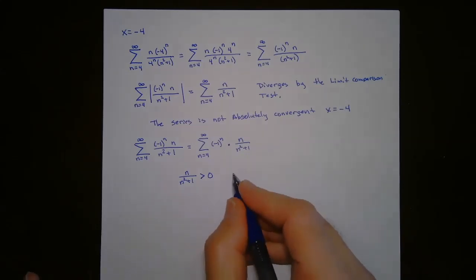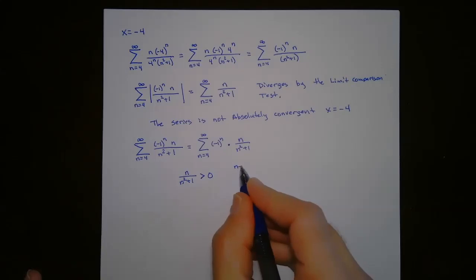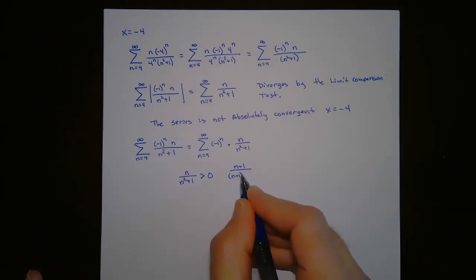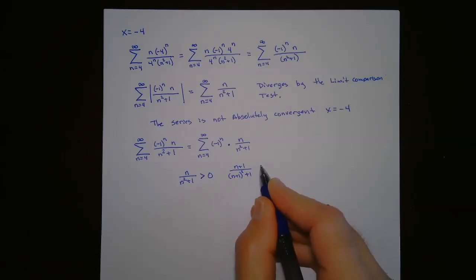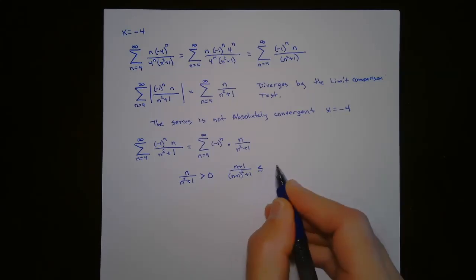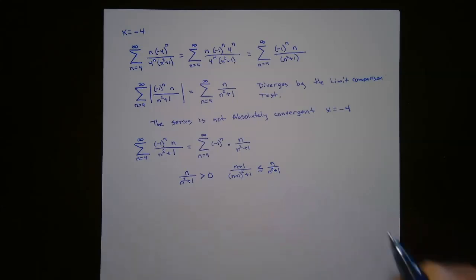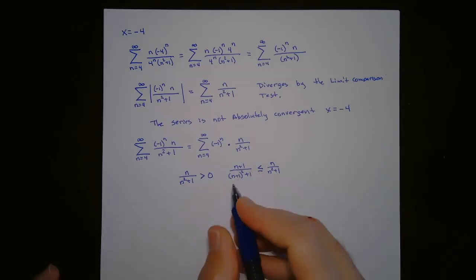Now how about a sub n plus 1? This would be n plus 1 over (n plus 1) squared plus 1. Is that less than or equal to n over n squared plus 1? Let's write this out.